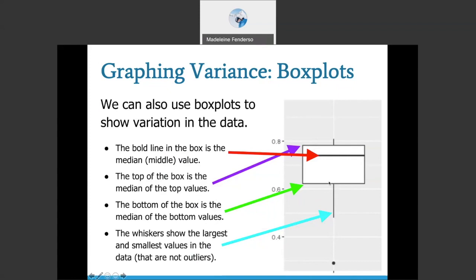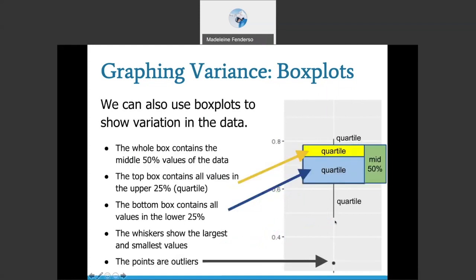And these whiskers, as you see here, show the largest and smallest values in the data, and they are not the outliers. And as you see here, these points that are kind of not part of the graph are outliers. So you have the first quartile up here, the second quartile, third quartile, fourth quartile, and the middle 50% are kind of what is inside of the box, if you will.